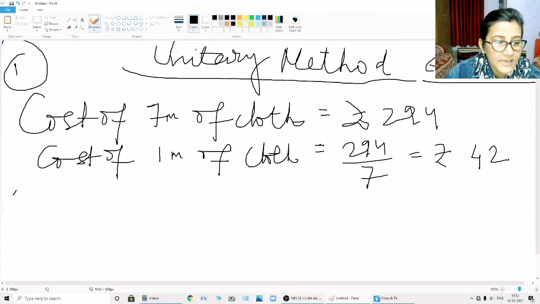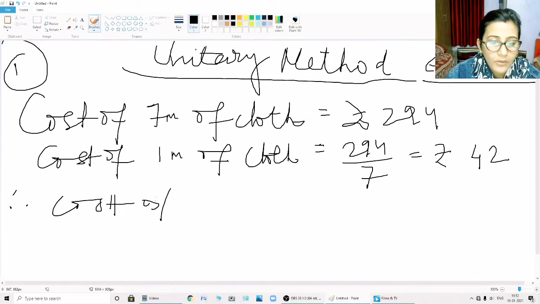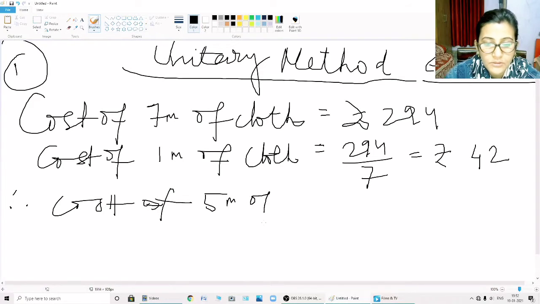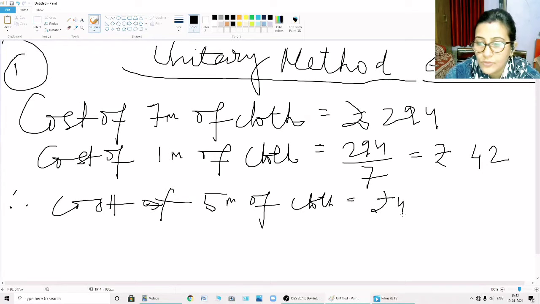Now you can easily find out that, therefore, the cost of 5 meter of cloth, as given in the question, is equal to rupees 42 into 5.